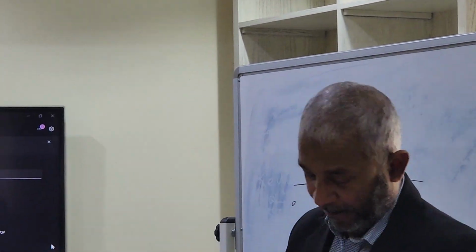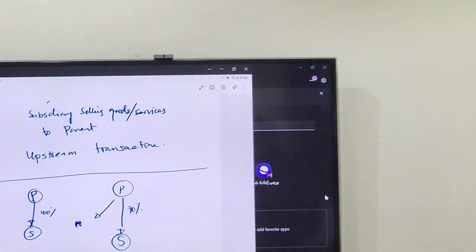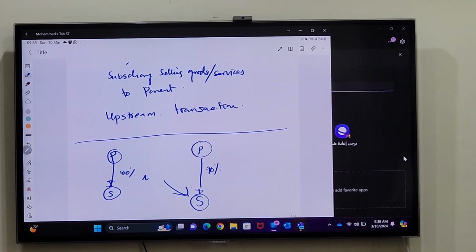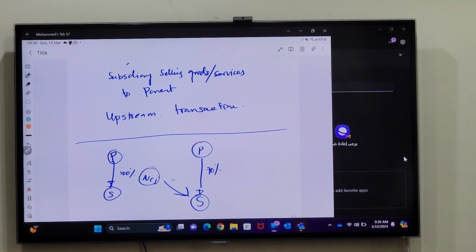But when the ownership is, let's say, 70%, meaning NCI shareholders will have an ownership of 30%.